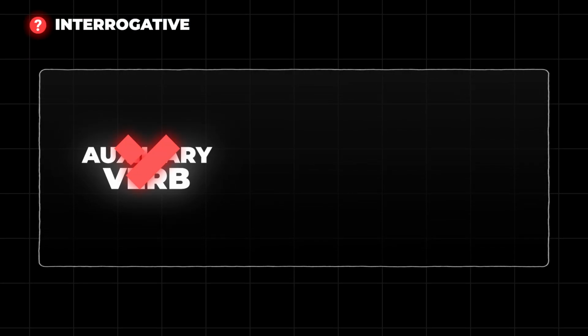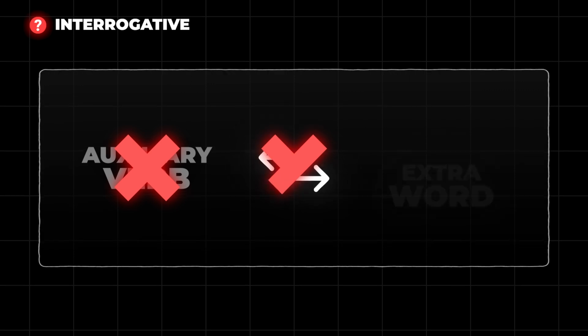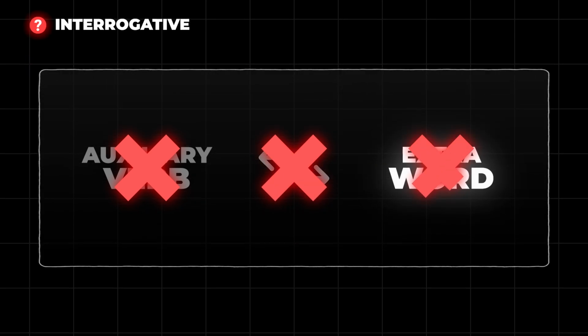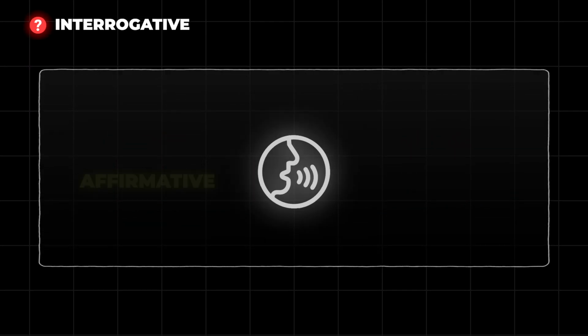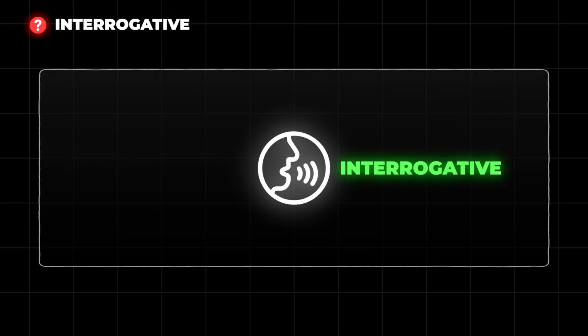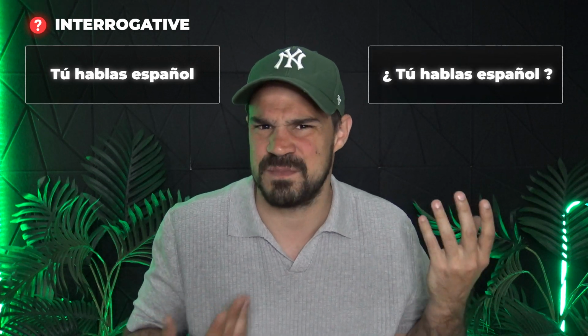Speaking about the interrogative, again, it's really easy. We do not have to add any auxiliary verb, change the order of the verb, or add an extra word. We only have to change our way to say the sentence. Instead of saying it as a statement, we say it as a question: ¿tú hablas español? So the best way to teach it to you is to say it to you.